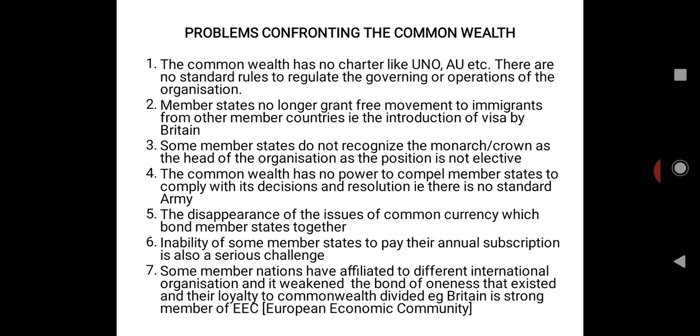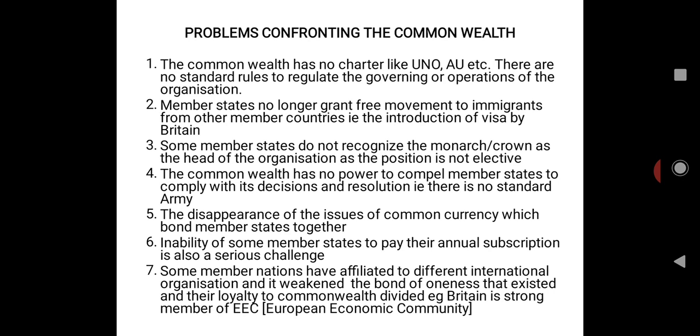Another problem that confronts the Commonwealth of Nations is that member states no longer grant free movement to immigrants from other countries.